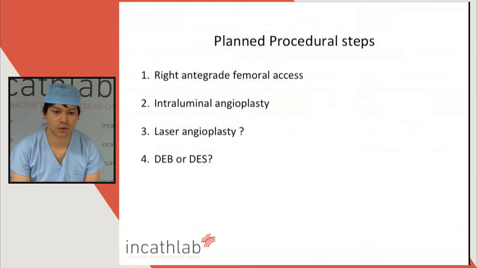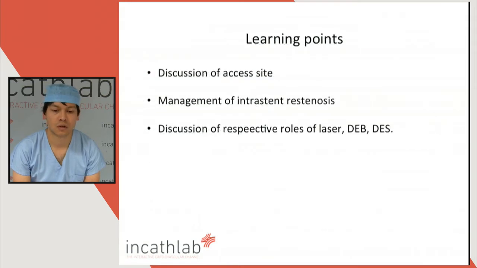This procedure will begin with right antegrade femoral access and terminal angioplasty, and then laser angioplasty or DCB or DES. With this case, we will discuss access sites, we will learn management of intrastent restenosis, and we'll discuss the respective roles of laser, DEB, and DES.